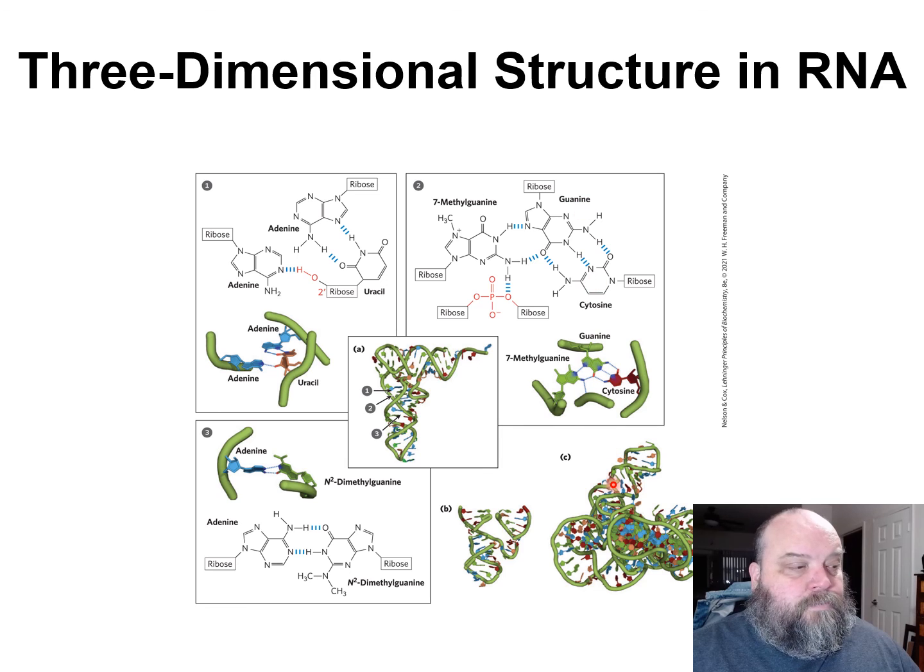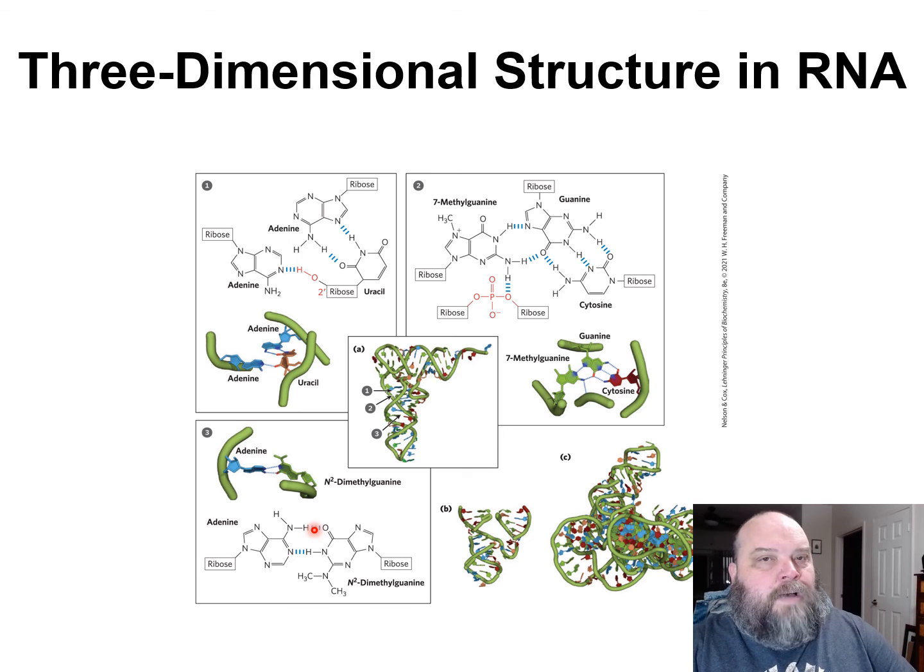Guanine, methylguanine. And then, some of the times, A to G, which is quite against Chargaff's rule, the A to the T, or A to the U if it's RNA, but this is a special guanine, N2-dimethylguanine. The dimethylguanine means it's been methylated, 2 methyl groups, which alters its hydrogen bonding pattern.